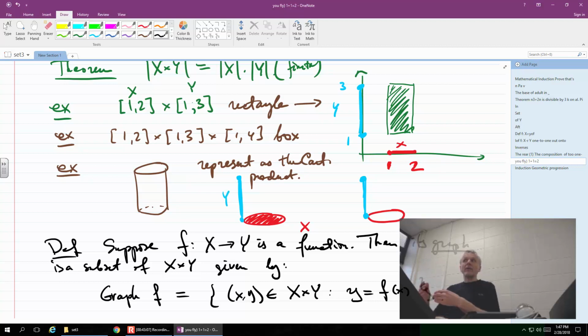So, for example, if you have a function of n variables, where does its graph lie? A function of n variables, where is its graph?